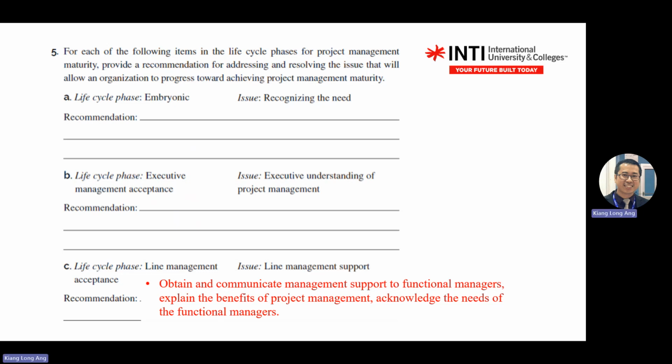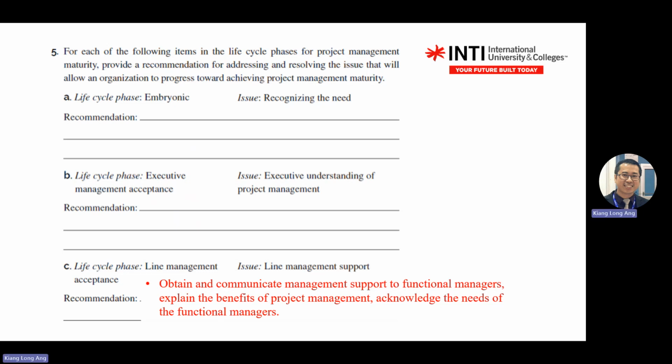When you start a project, whose need is important to your project's success? So how do you get customer needs? How do you understand the customer needs?